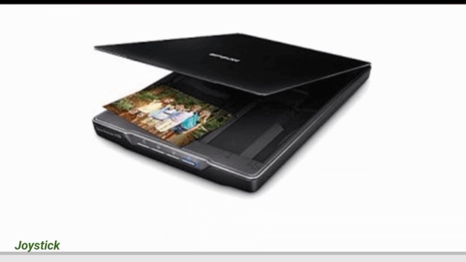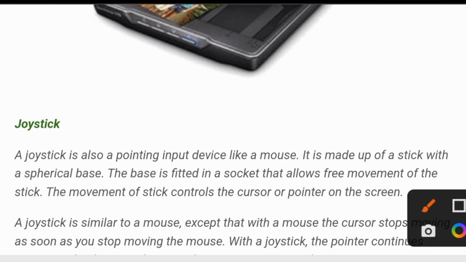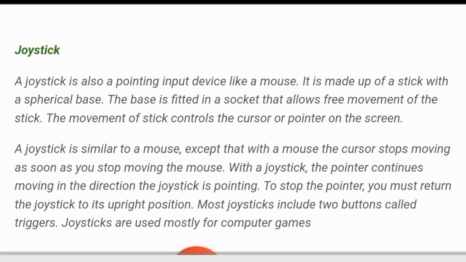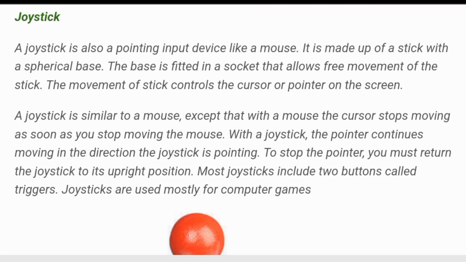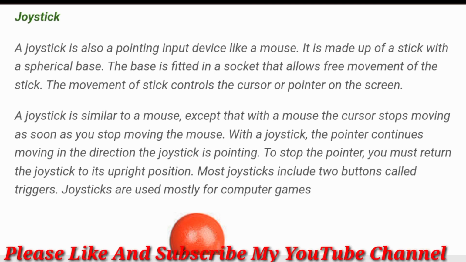Second, the joystick. What is a joystick? A joystick is also a pointing input device like a mouse. It is made up of a stick with a spherical base. The base is fitted in a socket that allows free movement of the stick. The movement of the stick controls the cursor or pointer on the screen.